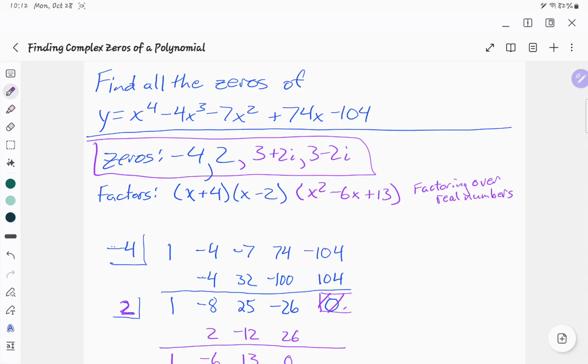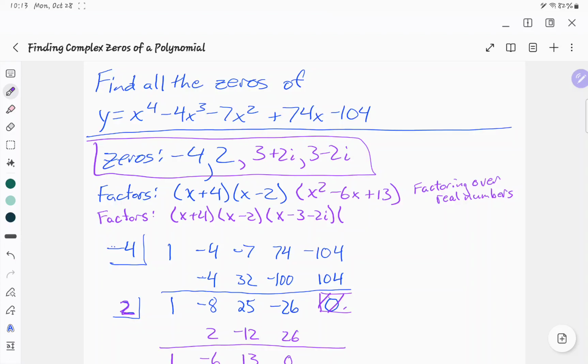If we want to factor over the complex numbers, then it would look something like this. So the factors would be the x plus 4, same as before, the x minus 2, and now x minus each of these complex zeros. So we get an x minus 3 plus 2i. That negative will distribute, so we get something like an x minus 3 minus 2i on there.